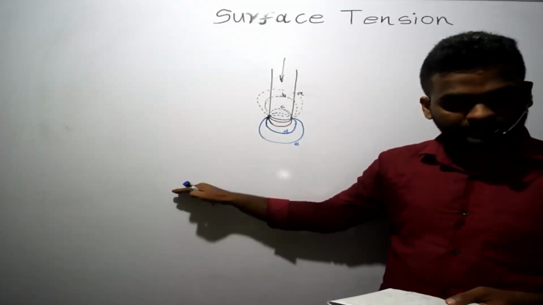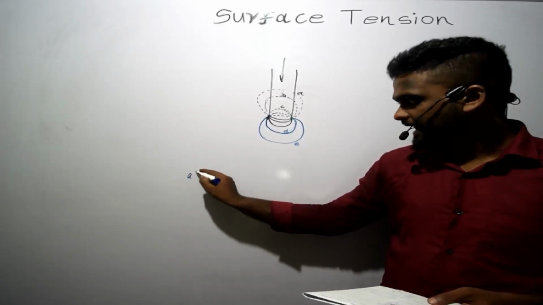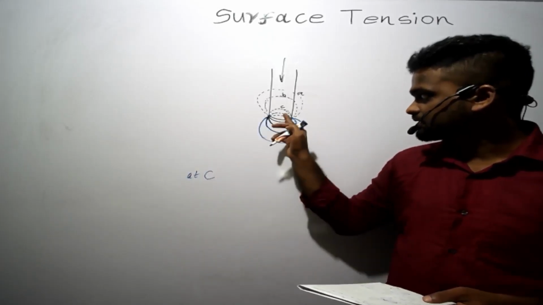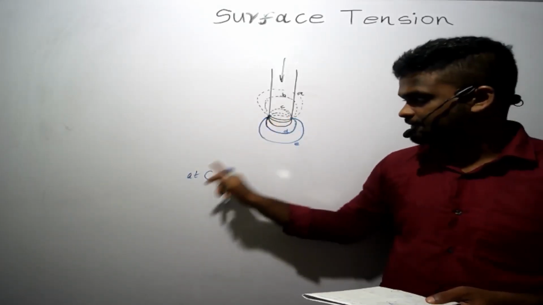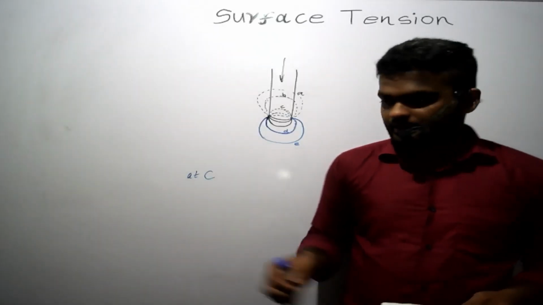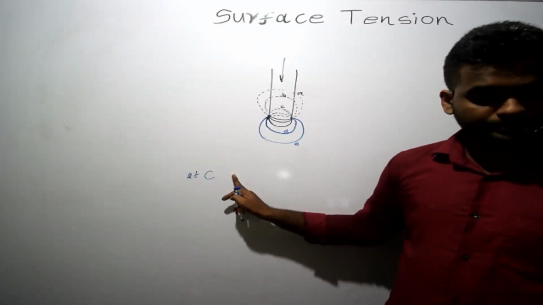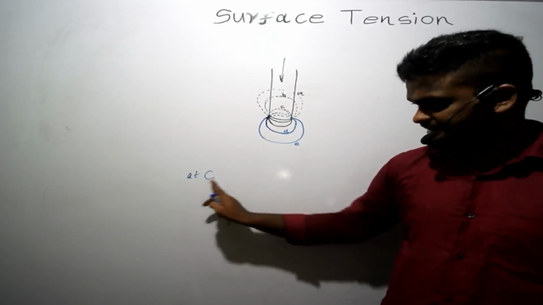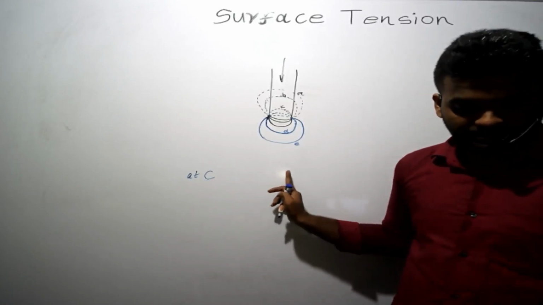Then below that, at C, means hemispherical, right? At C, capital R is minimum.